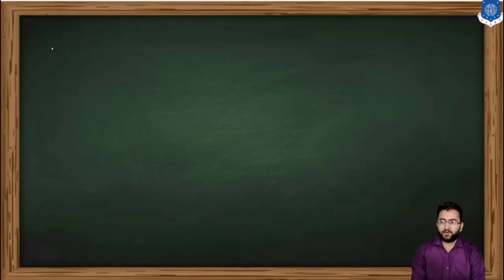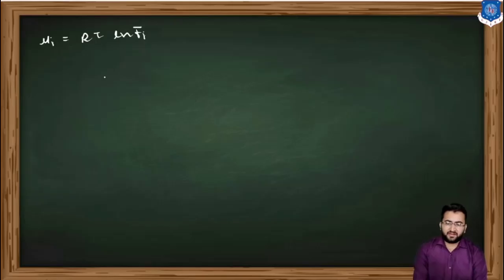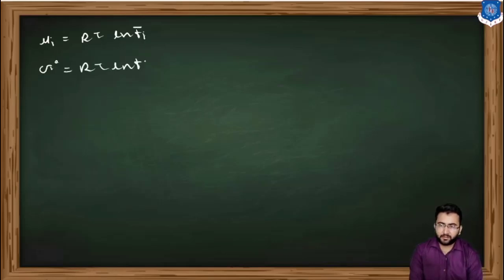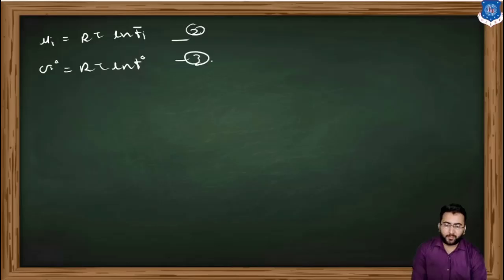Now from the definition of fugacity we can write mu i is equal to Gi plus RT ln fi bar. At standard state, the Gibbs free energy is given by Gi naught is equal to Gi plus RT ln fi naught. Let's consider these as our equation number 2 and equation number 3.